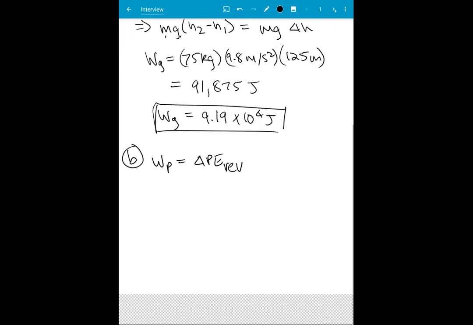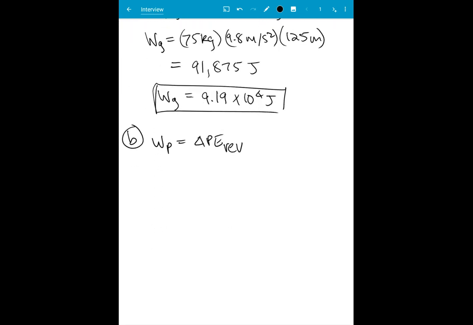So now let's go back and get to it. We know that the work done on the pedals is going to be equal to the tangential force applied on the pedals over the entire circumference, right? And we know that the formula for circumference is 2 pi r.